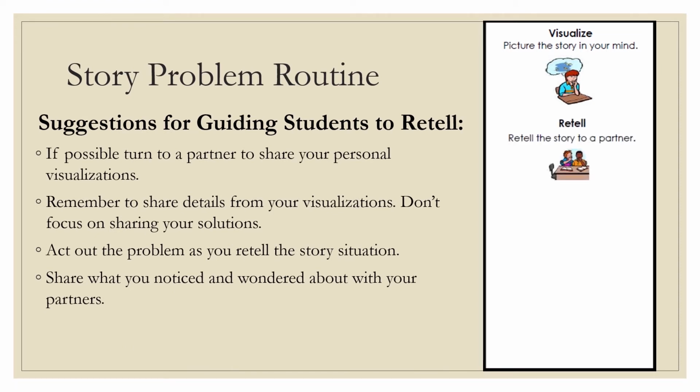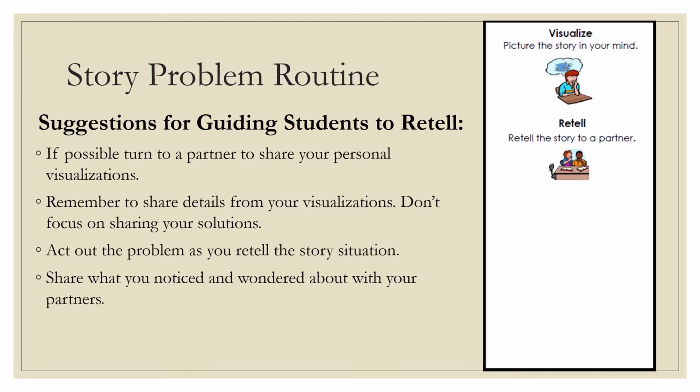The next step on the story problem routine is to retell. When possible, retell the story to a partner. If there's someone around you or someone nearby, turn to them and share your personal visualization. Remember to share details. Don't focus on sharing your solutions or your answers, but think about the details.